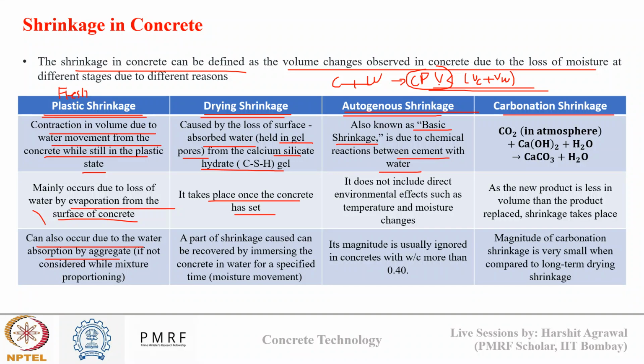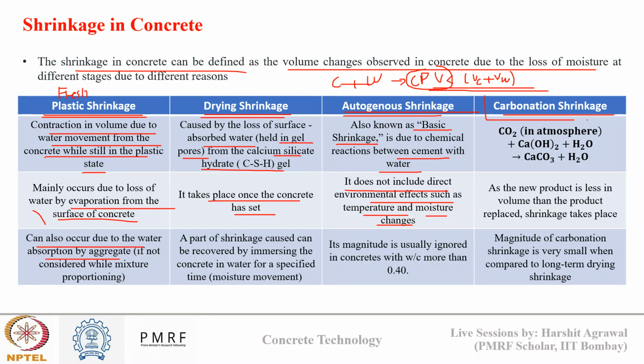It does not include any direct environmental effect such as temperature or moisture change. It is a shrinkage which is already inside concrete, which can't be nullified. It is due to the chemical reaction between cement and water, and its magnitude is generally very small. That's why it is normally ignored, and we don't care about autogeneous shrinkage much.